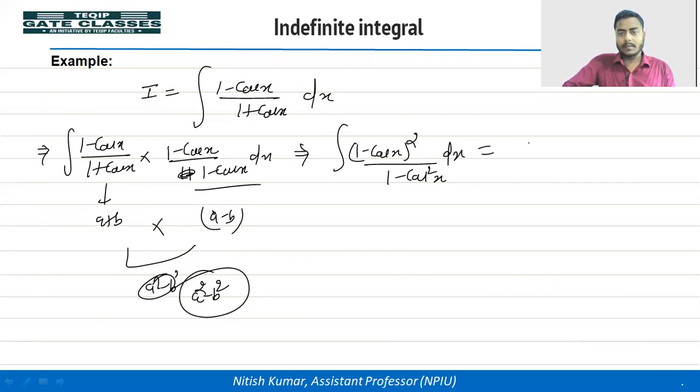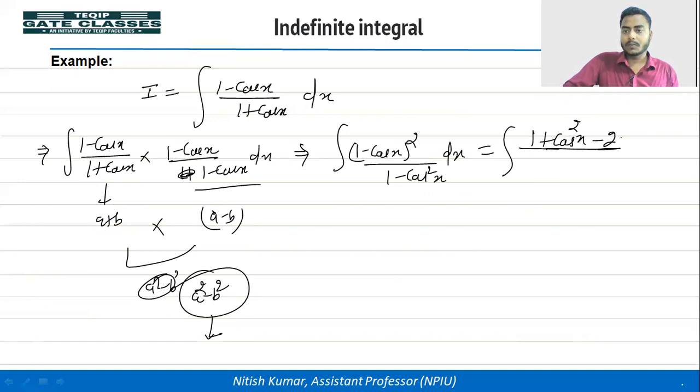With respect to x. We can write the whole square of a minus b. What is the formula for a minus b whole square? a square plus b square minus 2ab. So 1 plus cos square x minus 2 cos x. The denominator we can write as sin square x.